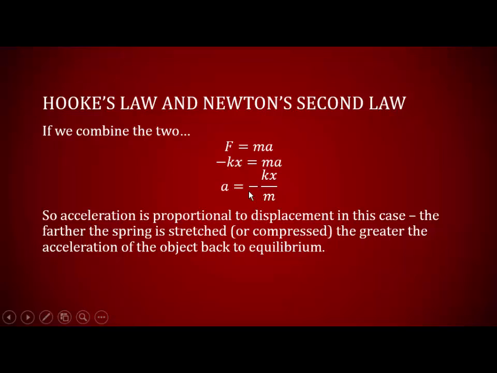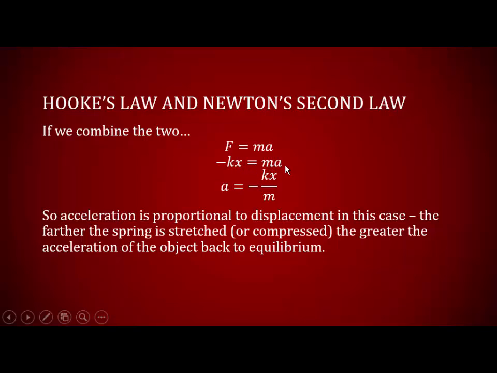So here's a little reminder on Hooke's law and Newton's second law. This is Newton's second law, of course, F equals ma. If I combine those two and put the spring force from Hooke's law in for the F, I get that negative kx is equal to ma.